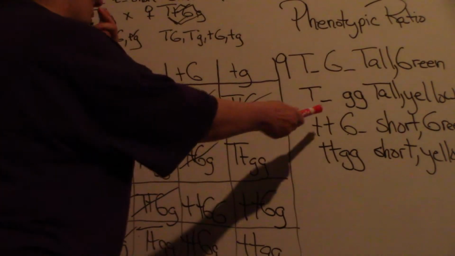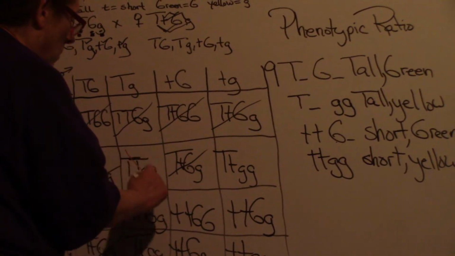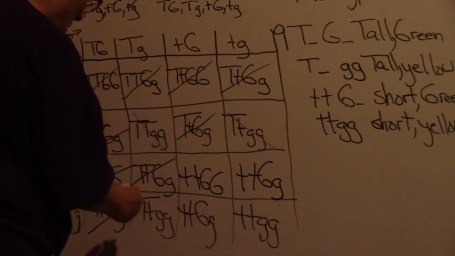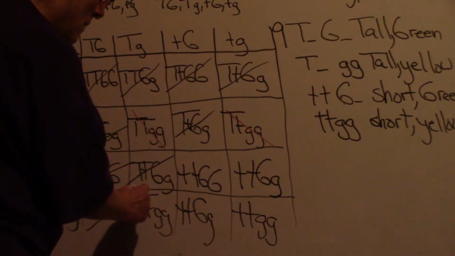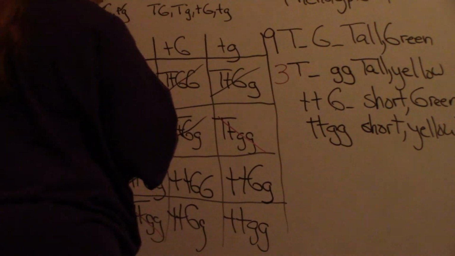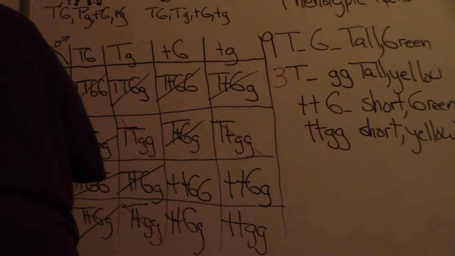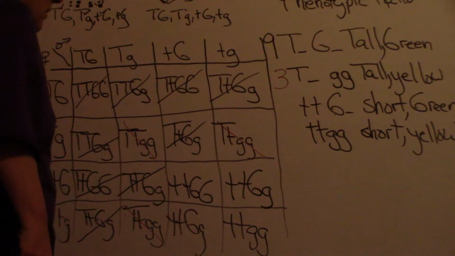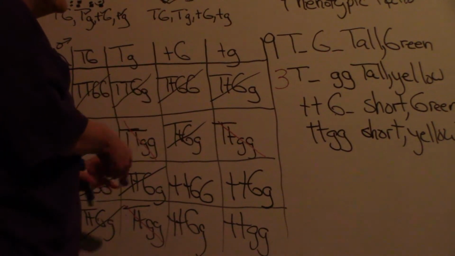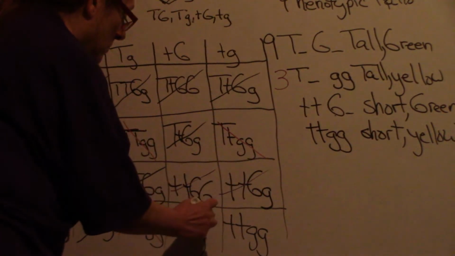Then, how many are tall with yellow pods? 1, 2, 3. How many are short with green pods? 1, 2, 3.